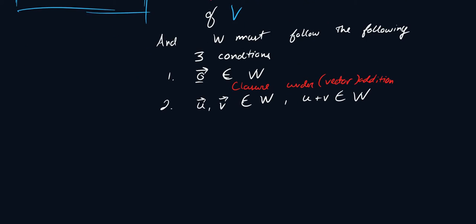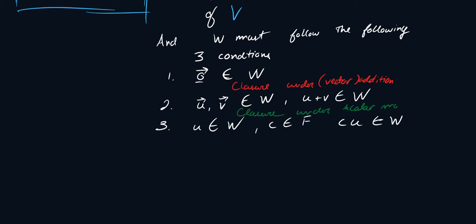The last thing is that if u belongs to my subspace W and C is a scalar in F, then Cu, in other words u scalar multiplied by C, will also need to belong to W. This is called closure under scalar multiplication.